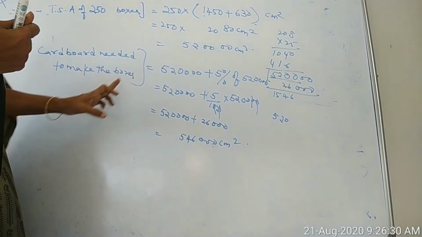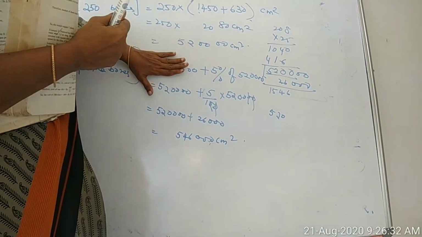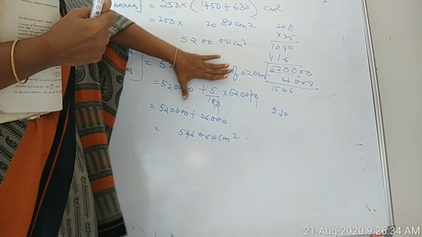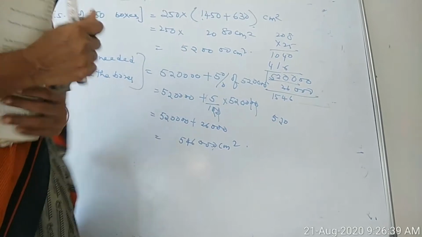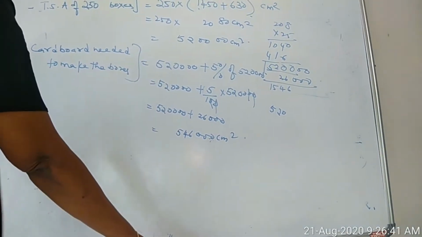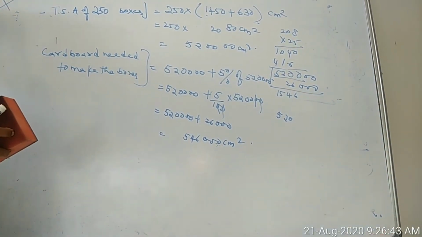Cardboard needed to make the boxes is equal to your total surface area plus 5% extra, children, that is 26,000. Totally it is 5,46,000.